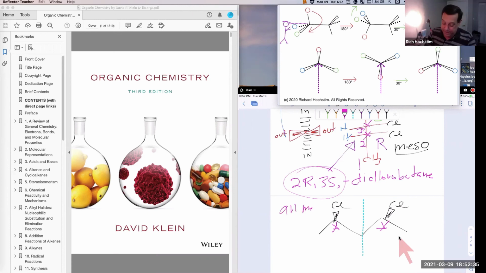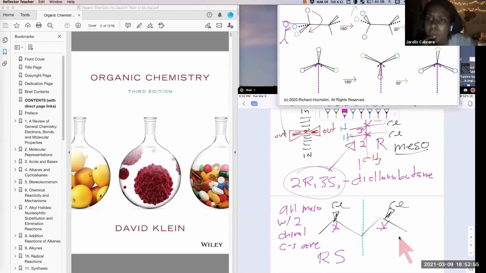All meso compounds with 2 chiral carbons are RS. And that's logical because they have to have an internal mirror. So R and S are the internal mirrors. So we don't actually have to figure out which is R and which is S because it's going to work no matter what we do.